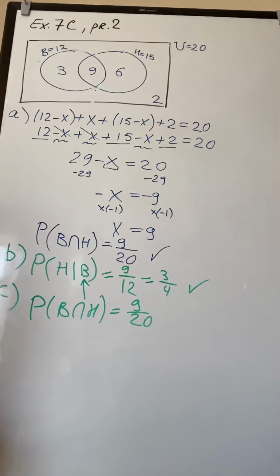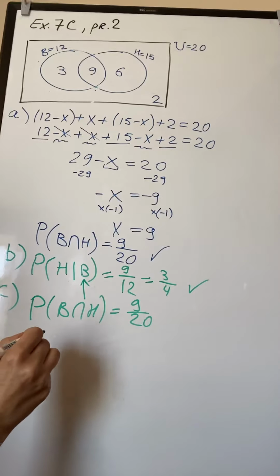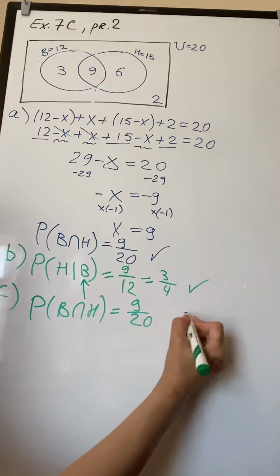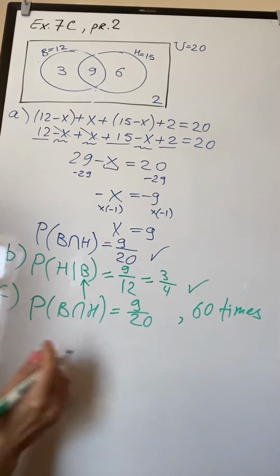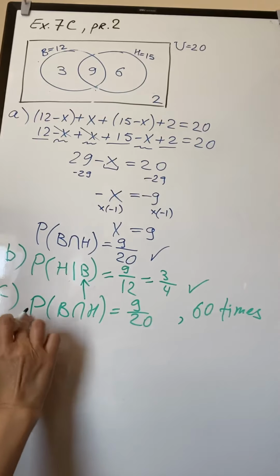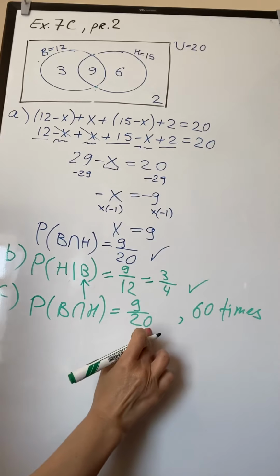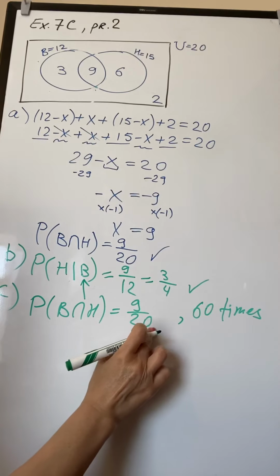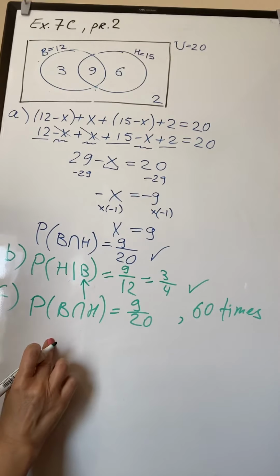What else they're saying? They're saying that they repeated that experiment how many times? 60 times. So this is a probability for one event. For one. Why? I'm saying if I pull out one student from the 20 students, what's the probability he or she will be studying both biology and history?